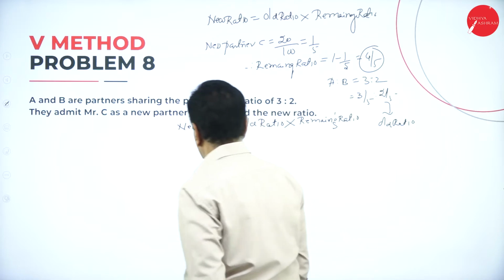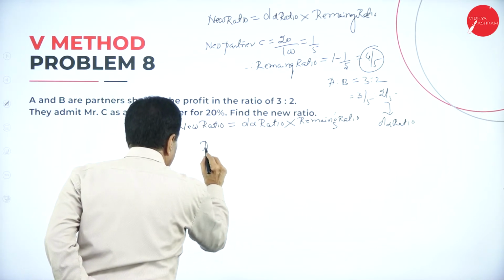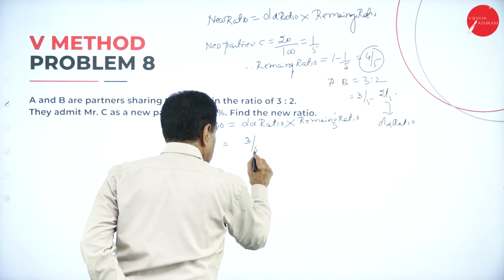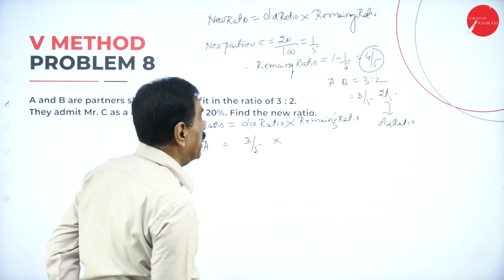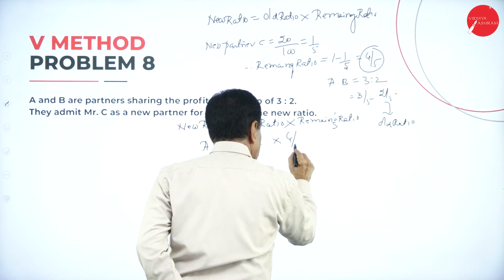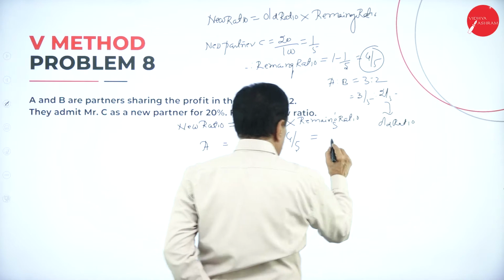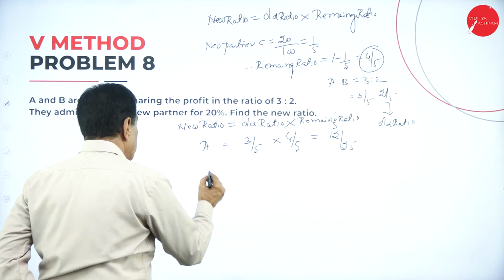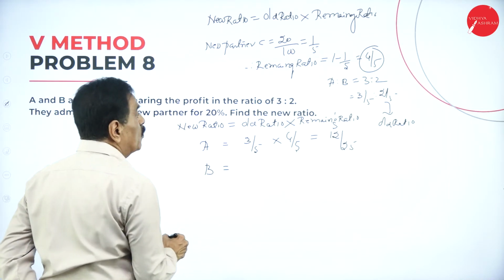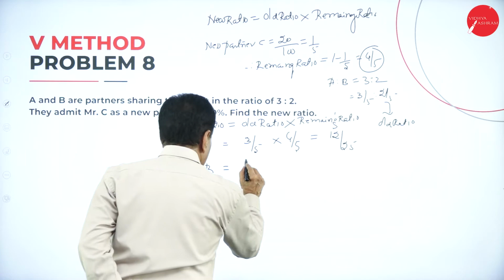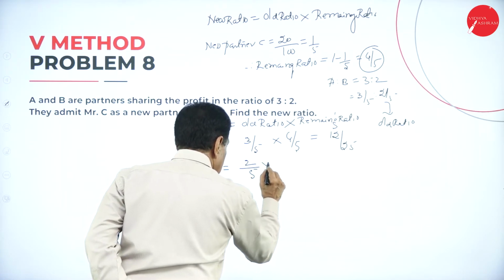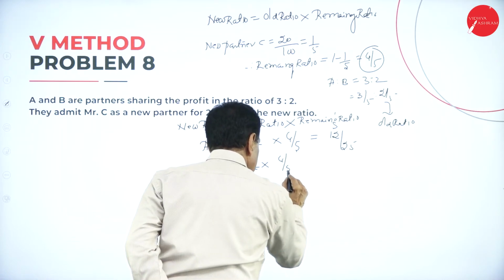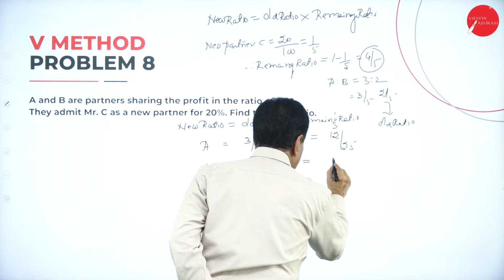We'll apply now. New ratio. A: what's the old ratio of A? 3/5 into, what's your remaining ratio? 4/5. Just multiply, 12 by 25. Come back to B. What is the old ratio of B? 2/5 into, what's your remaining ratio? 4/5. Multiply, 8 by 25.